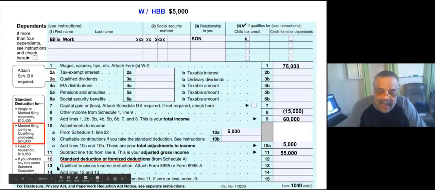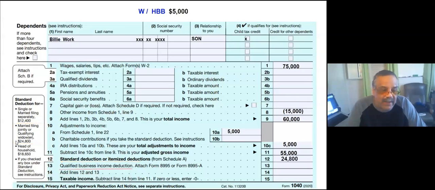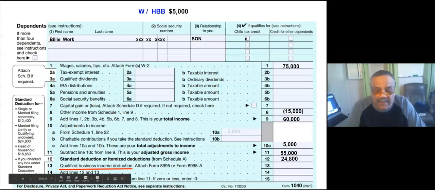In addition to that, you can do your standard deduction of $24,800 that you subtract from the $55,000. I'm sorry, I hope you follow me. I put this standard deduction on line 12.